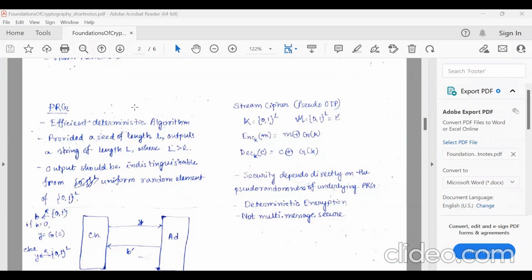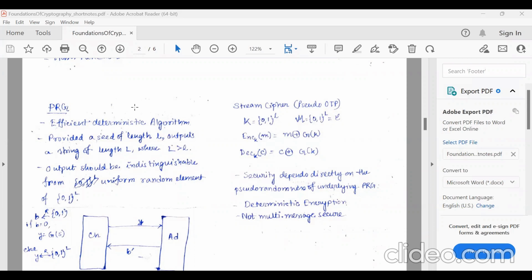So we needed the key to be as large as the message in case of perfect security, but we said that that is not practical. Every time we won't have the key length exactly the same as the message length, because for that we need to know the message beforehand, right? Which is not the case in real life.